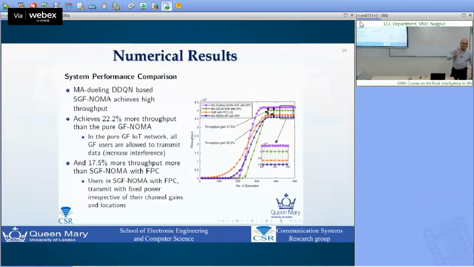Here I am comparing with fixed power control, 17.5%. For grant-free and grant-based, the power allocated is fixed, not changing with the channel conditions.